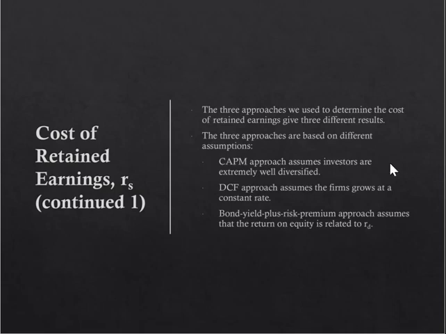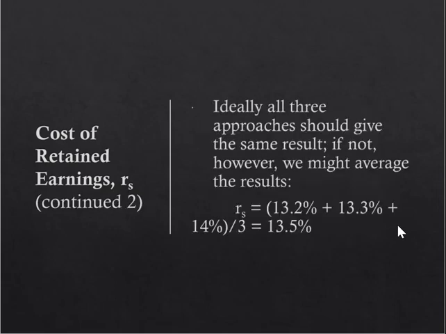So the CAPM approach assumes investors are well diversified. Discounted cash flow assumes the firm grows at a constant rate, and the bond yield plus risk premium approach assumes that the return on equity is related to the return on debt. So ideally, all three give the same result. If not, you may want to use an average of the three, and that might give you a little bit better picture of what the required return is.